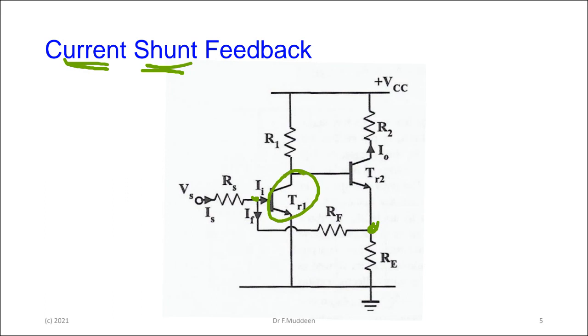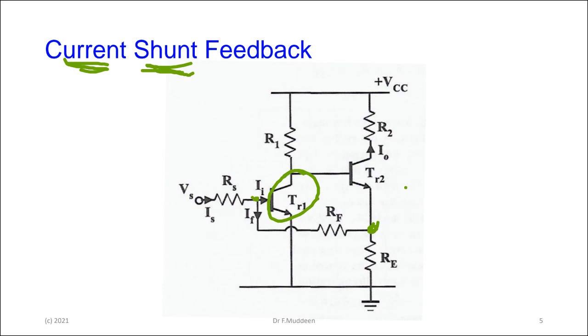Remember, there's an inversion that takes place at TR1, so there's a polarity difference between TR2 and TR1. Sorry, yeah, current shunt, my mistake. We're sampling current and we're sending back current, yeah. So we're sampling the current.